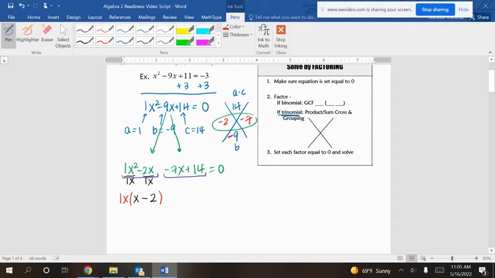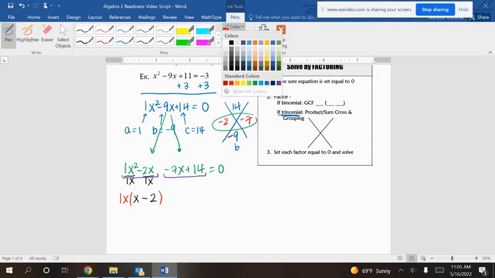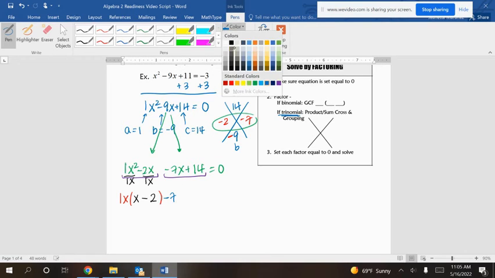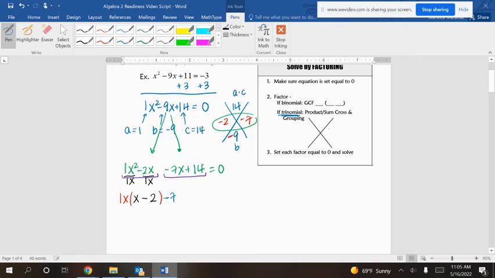The next half, same thing, we're going to factor out a GCF, the greatest common factor. What do negative 7x and 14 have in common? If the number in front is negative, you're going to factor out a negative number. Between 7 and 14, they have 7 in common.